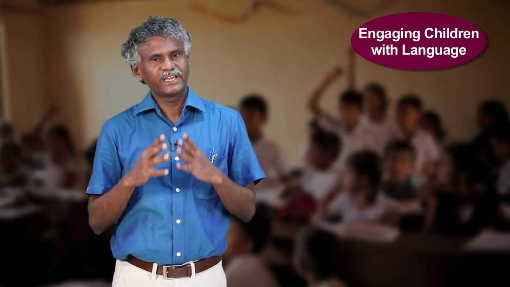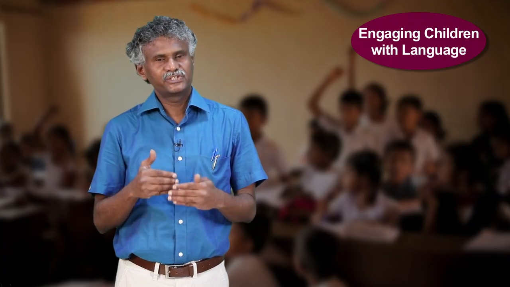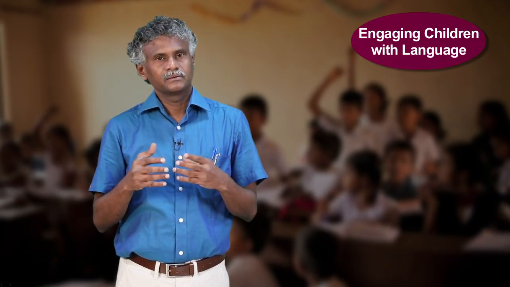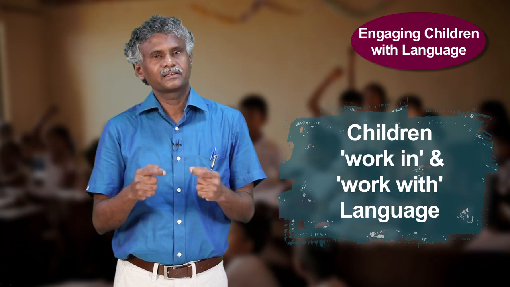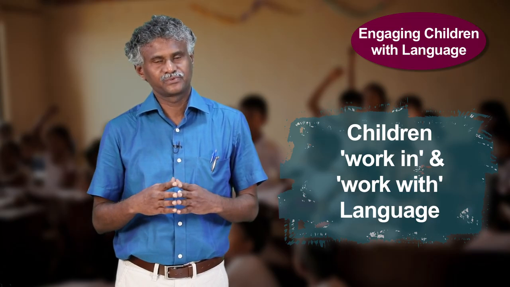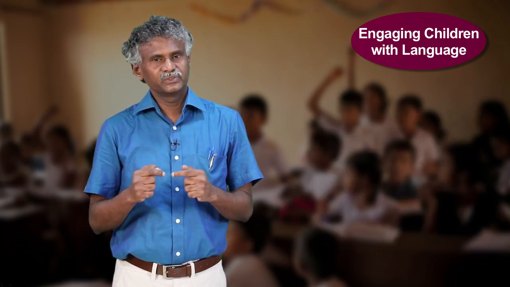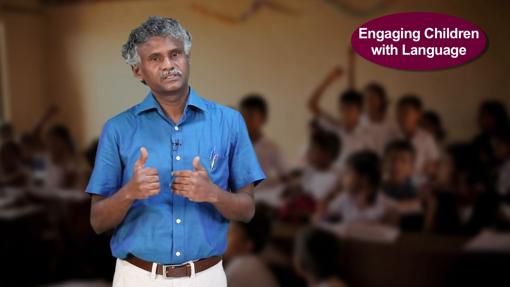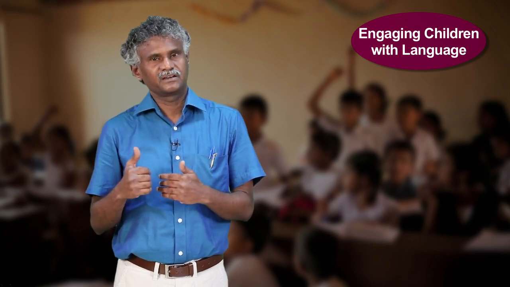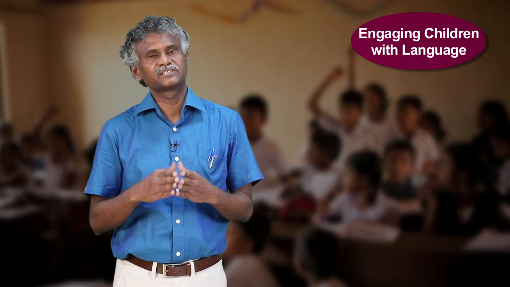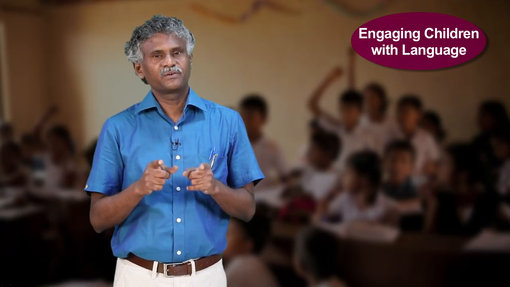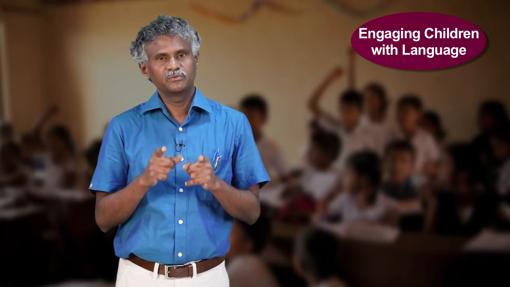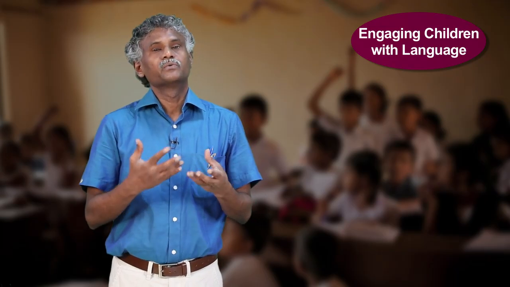Teachers, in this short discussion we will find ways and means how a teacher can engage children to work in and work with language. We know that when children come to school at 3 plus, whatever the age they come to school, they come with one fully blown language; orally they can speak.